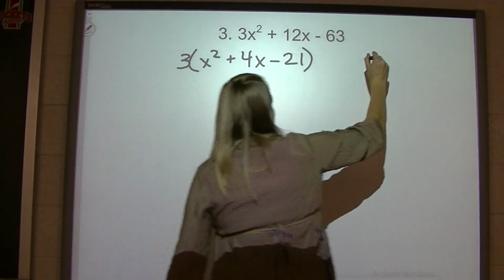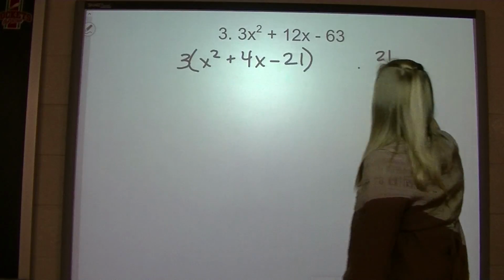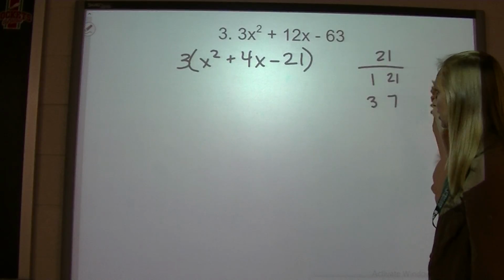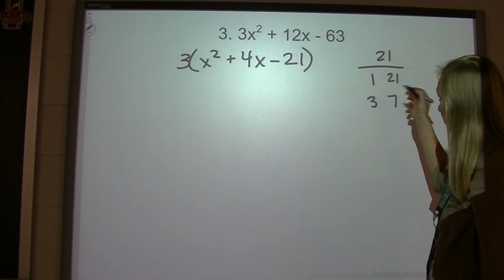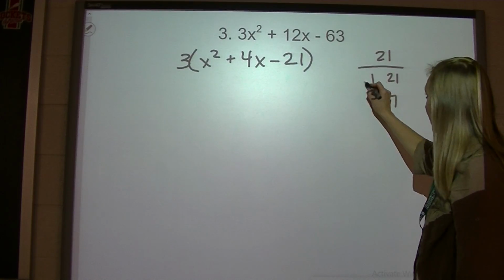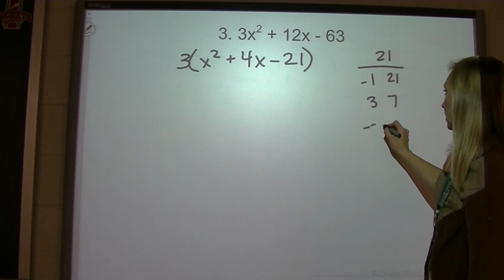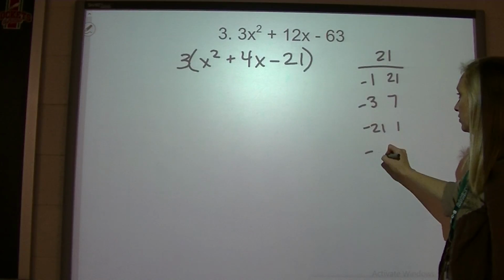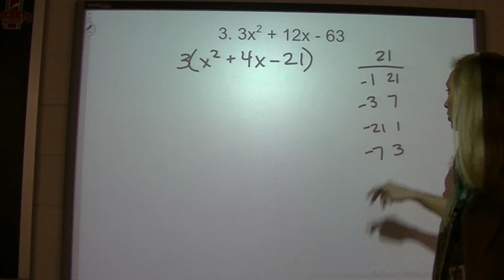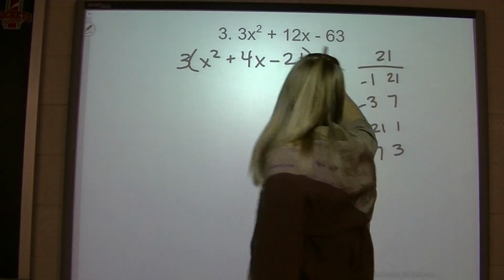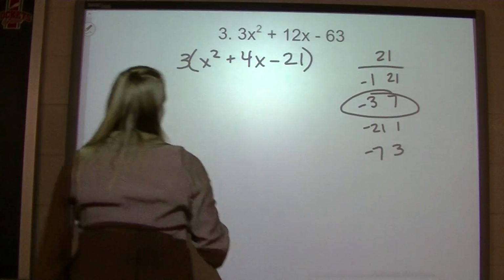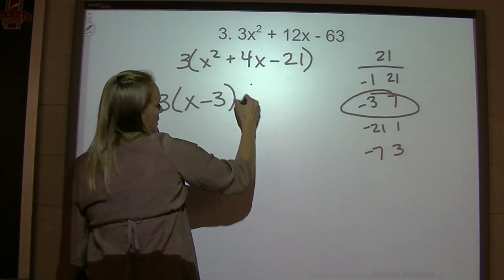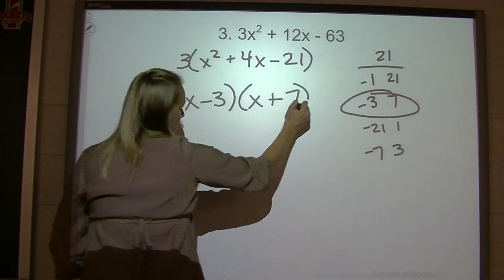Well, my factors of c, 21, are 1 and 21, 3 and 7, and that's it. But because it's negative, it could be negative 1 and positive 21, or negative 21 and positive 1. Or it could be negative 3 and positive 7, or negative 7 and positive 3. Which one of these adds to positive 4? This one. So this factors to 3 times x minus 3 times x plus 7.